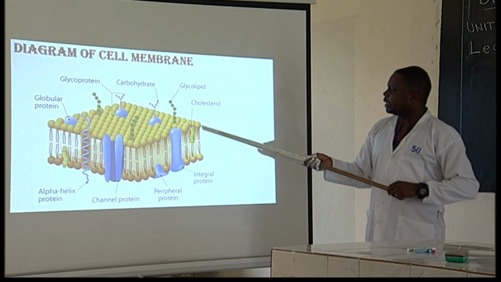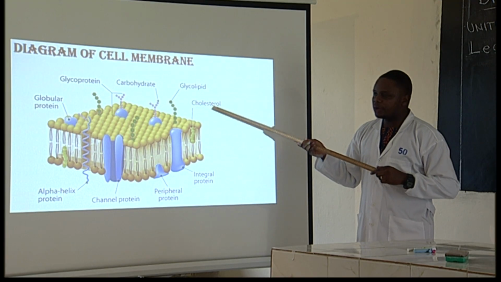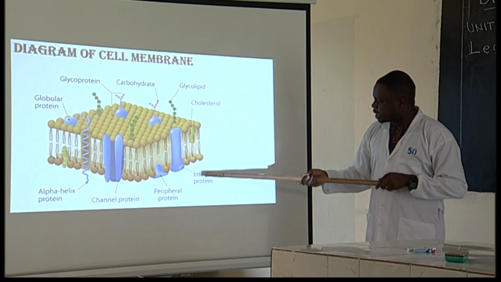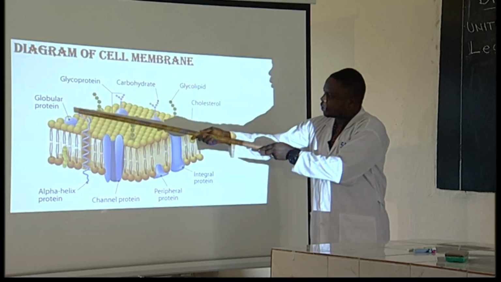This cell membrane has carbohydrates. It has a glycolipid. A glycolipid is a lipid which has a carbohydrate. It has cholesterol. It has integral proteins. It has peripheral proteins. It has channel proteins. It has globular proteins.